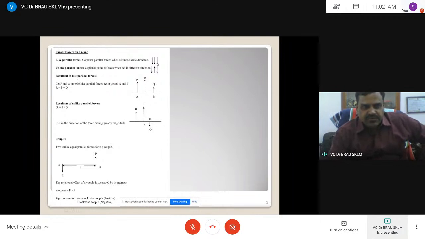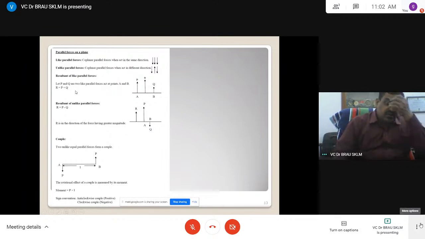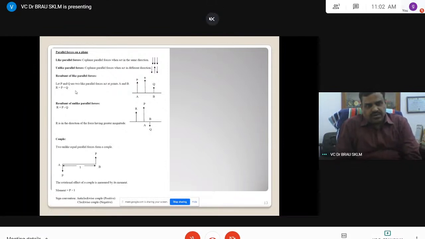For the resultant of like parallel forces, add them up. Let P and Q be two like parallel forces; adding the two gives R. R is equal to P plus Q, when the body is in translation.